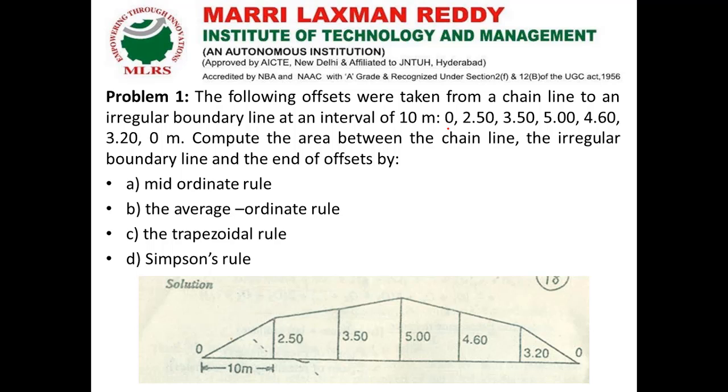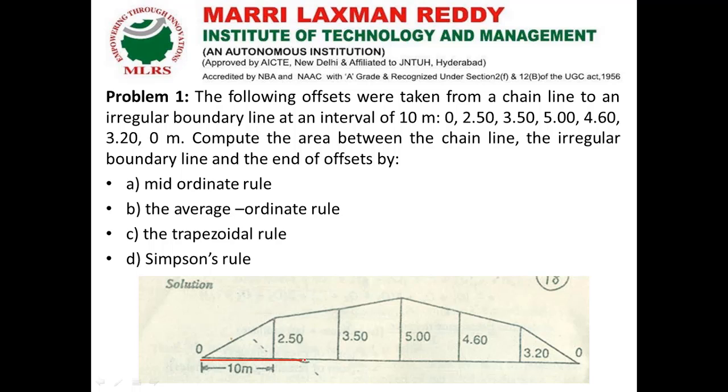The offsets are 0, 2.50, 3.5, 5, 4.6, 3.2 and 0 meter corresponding to the baseline to irregular boundary. Compute the area between the chain line and the irregular boundary line and the end of the offsets by the four rules: mid-ordinate rule, average ordinate rule, trapezoidal rule and Simpson's rule. Whatever details they have given, we have drawn in the form of a diagram.